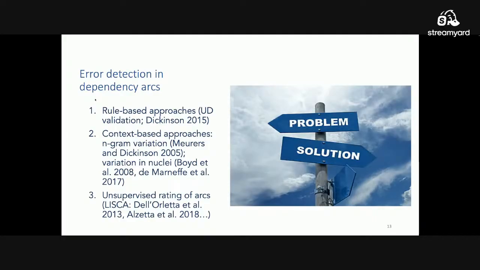So you have rules that, for example, say that an adjective must agree in terms of gender, number, and case with the noun it belongs to. If an arc of an adjectival modifier does not respect this criterion, you might flag it as a possible inconsistency.